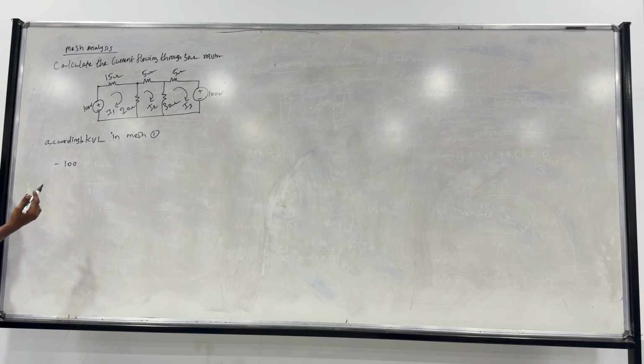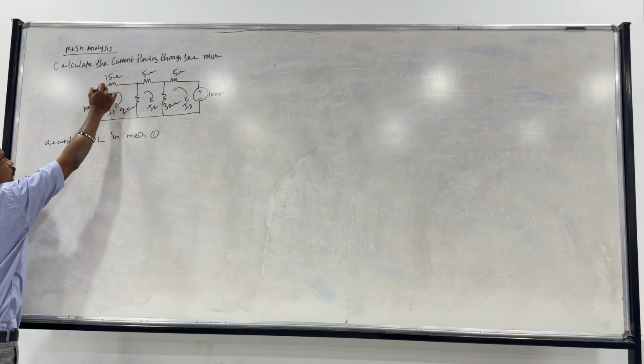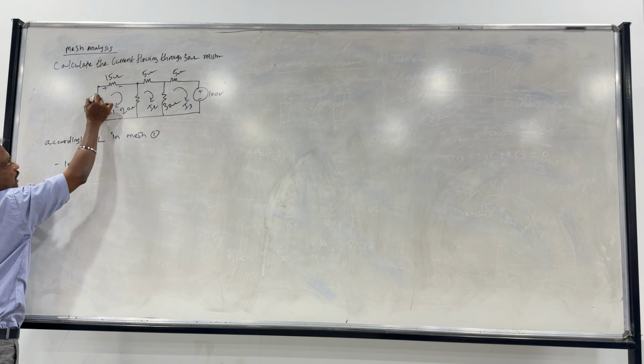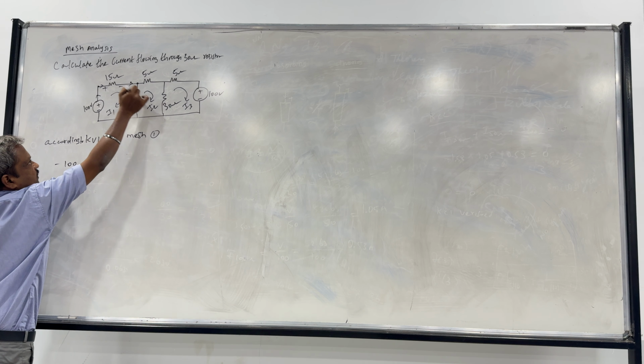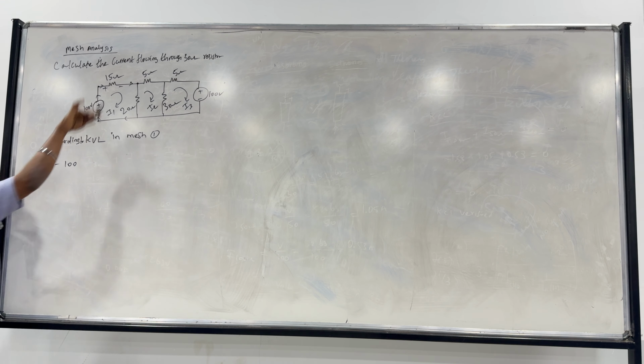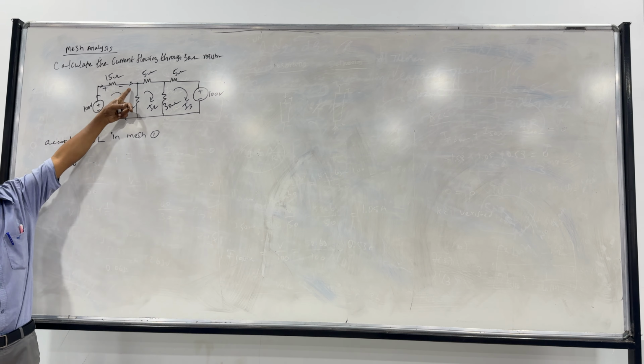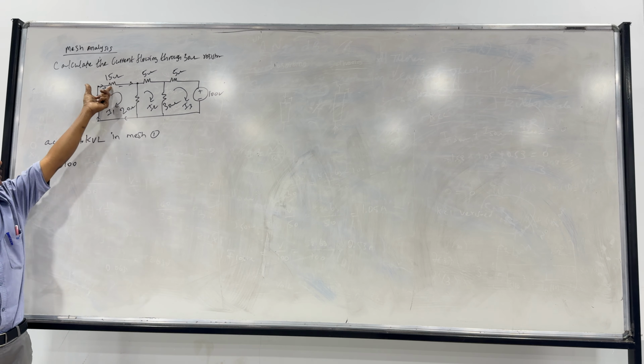When it is coming to resistance, is it absorbing or delivering? Absorbing. Where will the current enter, at positive or negative? Positive, because we have given the current direction as clockwise. Clock means it will rotate in clock. So current is entering at positive, leaving at negative. This is the potential across the 15 ohm resistance.